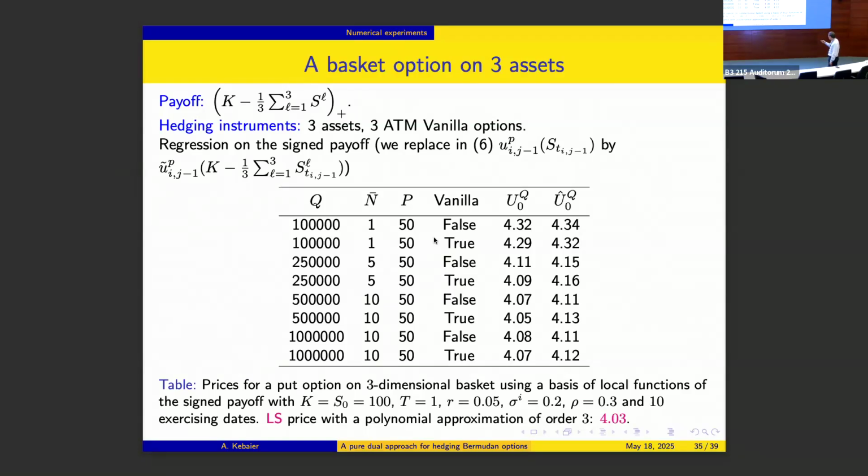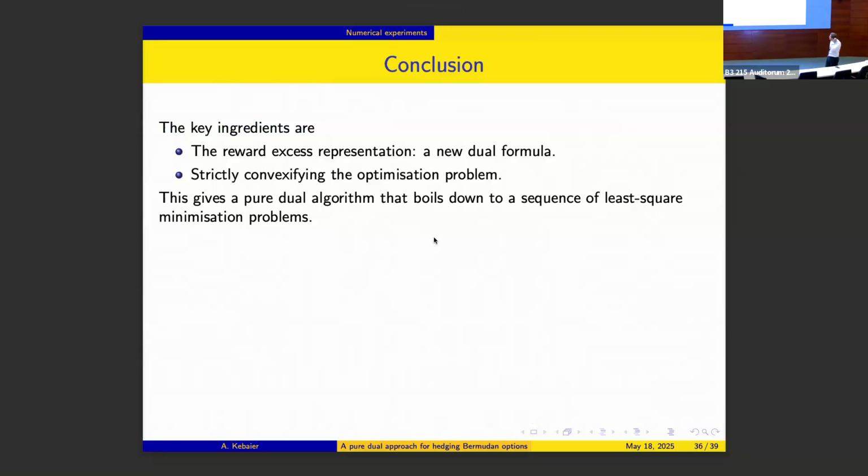So to conclude, the key ingredient here is the multilevel-type telescoping sum to get this representation with rewards, and we got this new dual formula. The second ingredient is strictly convexifying the problem, which allows us to approximate the M star, the unique solution in this case, with a bunch of independent optimizations going in a backward way.